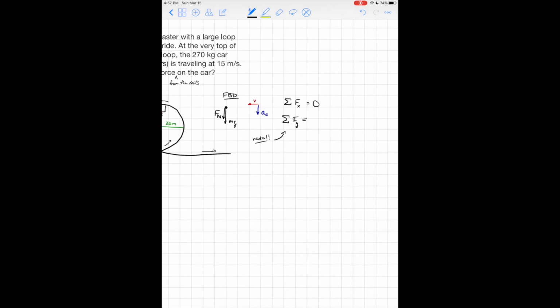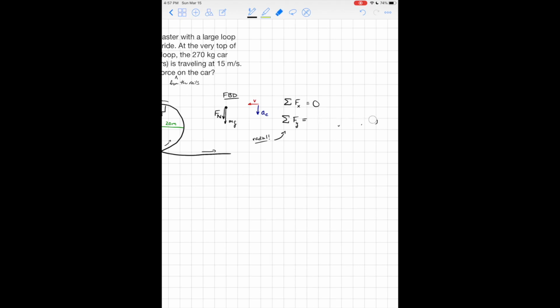In the y direction, which is really secretly our radial direction right now, we have two forces. We have our normal force and our gravitational force. I could write negative Fn minus mg equals m times negative ac. I could do that, but notice that there's a negative, negative, negative, negative, right?